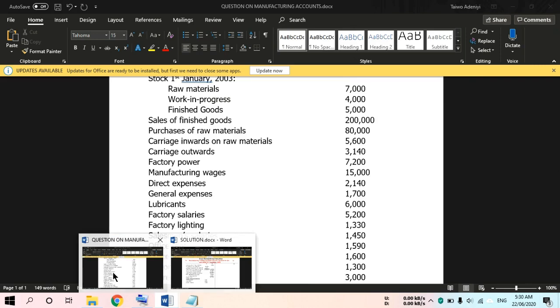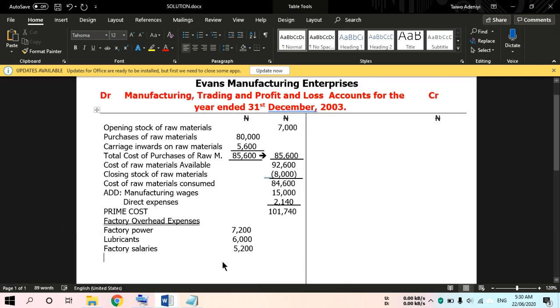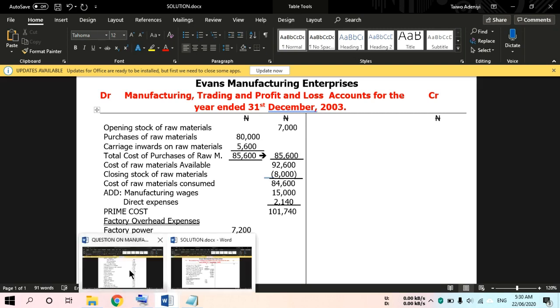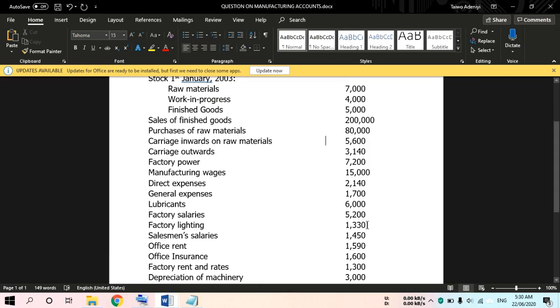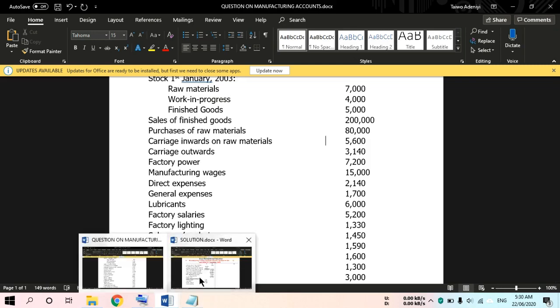Next is to check the factory lighting. Factory lighting, that's how much? 1,330 naira.